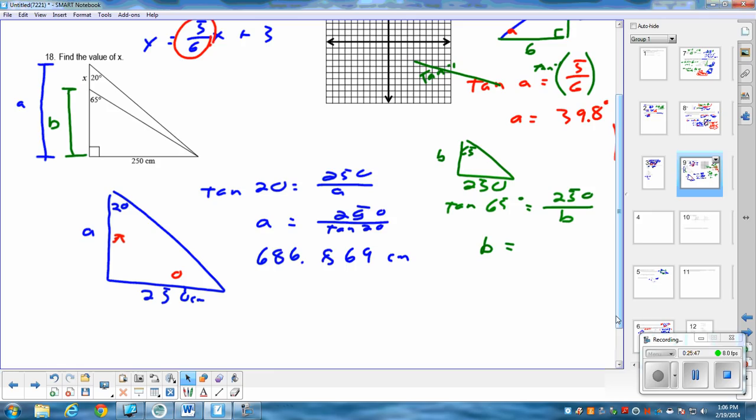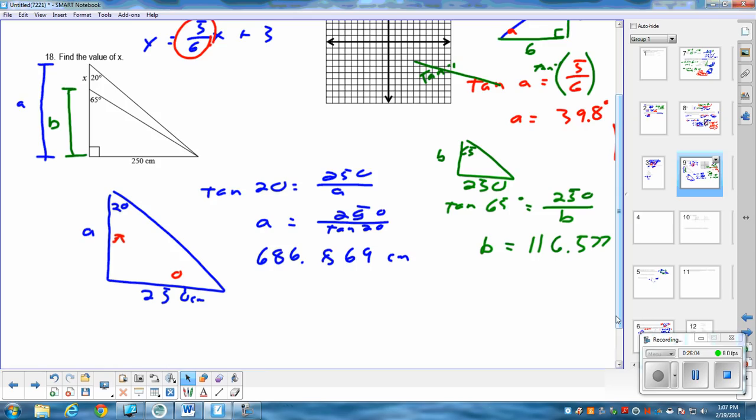Plug 250 divided by the tangent of 65 into your calculator. You get B is 116.577.